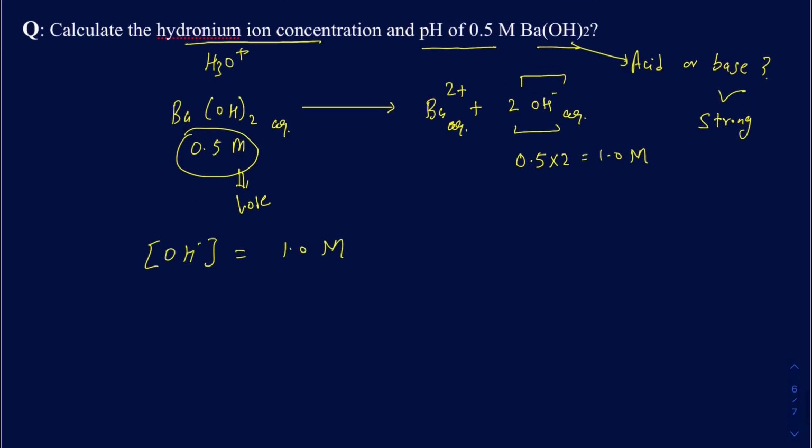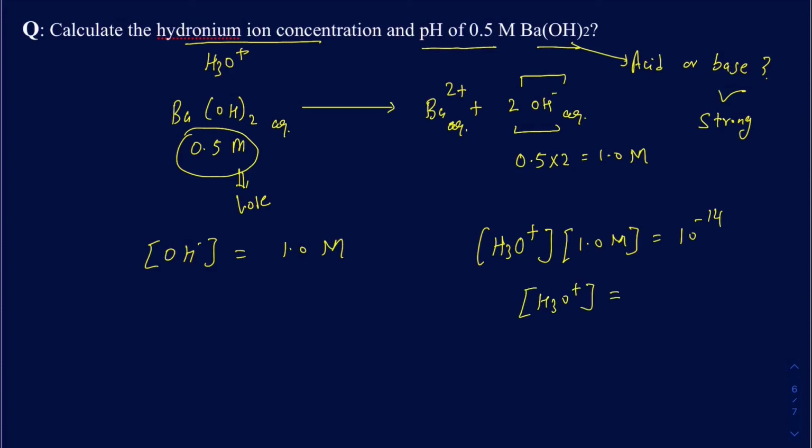So there's a couple of things you can do here to find the pH, and obviously the hydronium ion as well. If you want to find the hydronium ion here, the best thing to do would be to use H3O plus concentration times the OH minus concentration, which is 1.0 molar, is going to be equal to 10 to the minus 14. So you're really using the Kw expression.